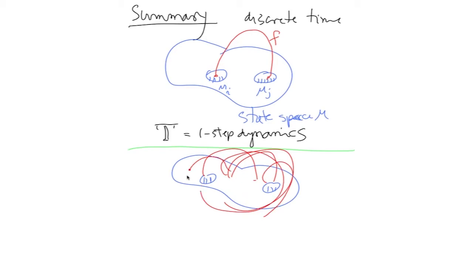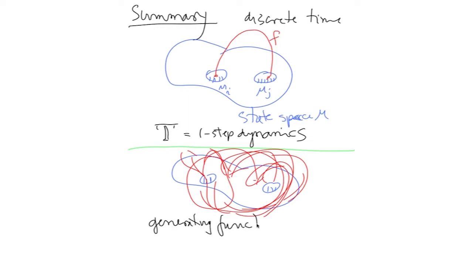And I do this forever. So I get totally crazy dynamics, ergodically exploring every place. This I can describe by a generating function, z t over 1 minus z t.